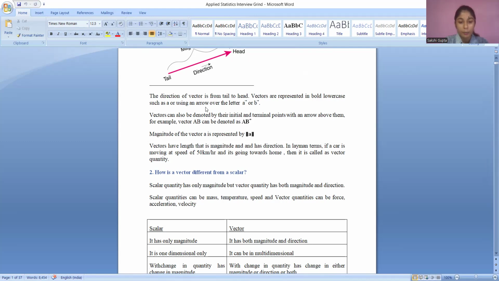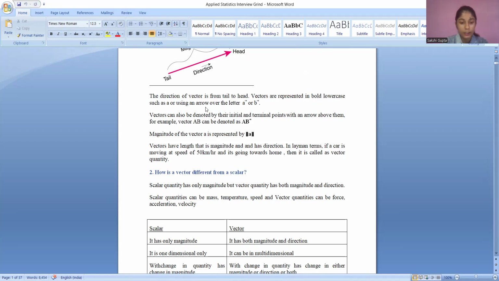The magnitude of the vector is represented by magnitude A. A vector has length, that is magnitude, and has direction. If a car is moving at the speed of 50 km per hour and it's going towards home, then it is called a vector quantity.